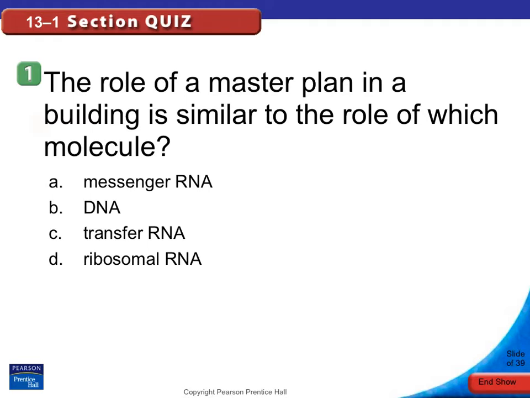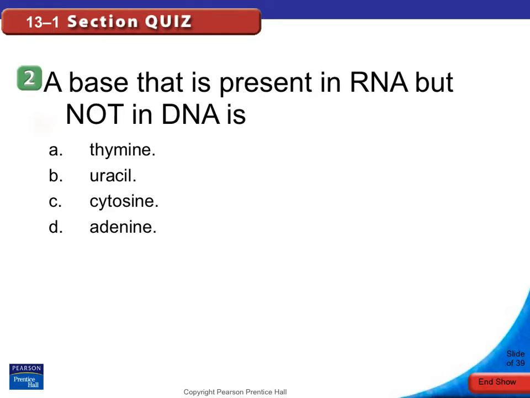So here's question 1. The role of a master plan in a building is similar to the role of which molecule? Question 2. A base that is present in RNA but not in DNA.